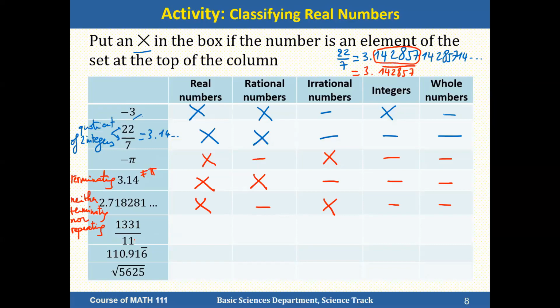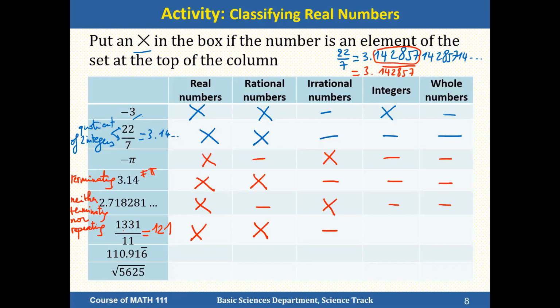1331 over 11. So it's clear that it's a rational number, a quotient of two integers. It's real. It's not irrational. The question is, is it an integer? To know, we have to check the decimal representation. When we compute this quotient using a calculator, we find it's 121.